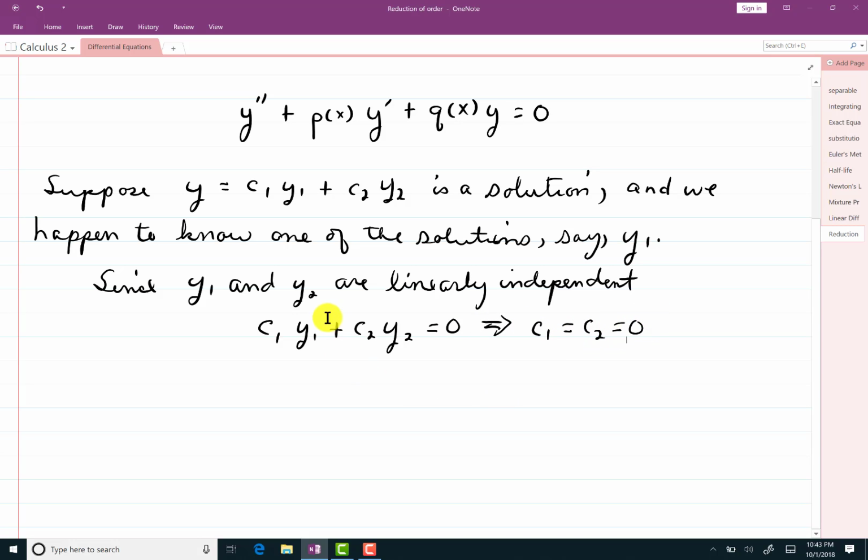So you can't come up with constants that add up to be equal to 0 with this y1 and y2. As a consequence of that, y1 over y2 can't be constant.